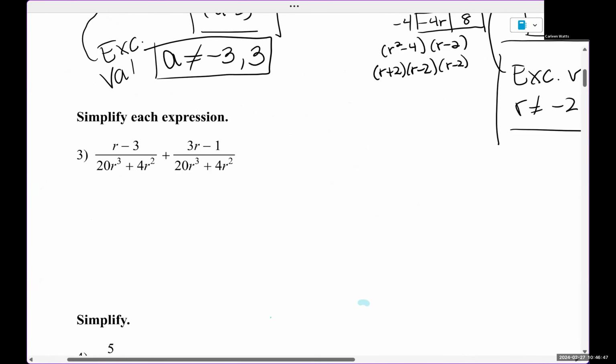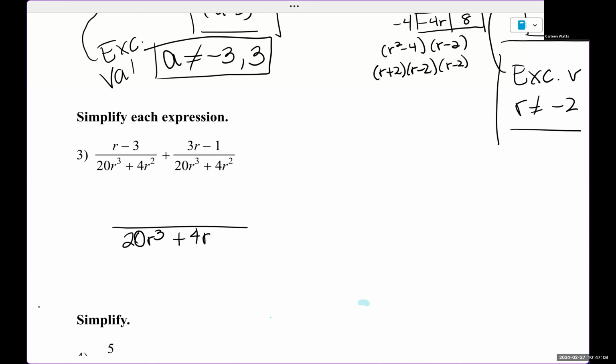Okay, simplify. In order to add fractions, you must have same denominator. Okay, but I do have the same denominator, so I can add these. So we combine, the denominator slides together, and I'm going to combine like terms.